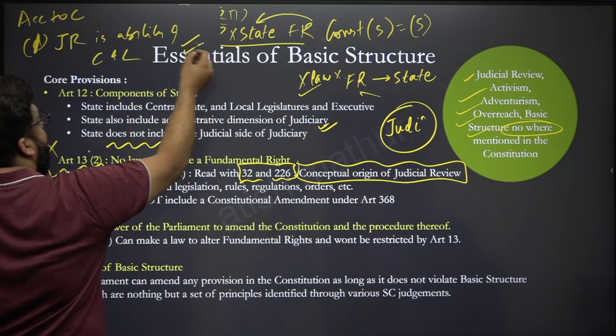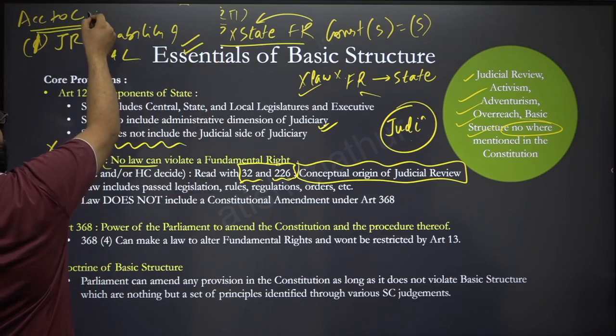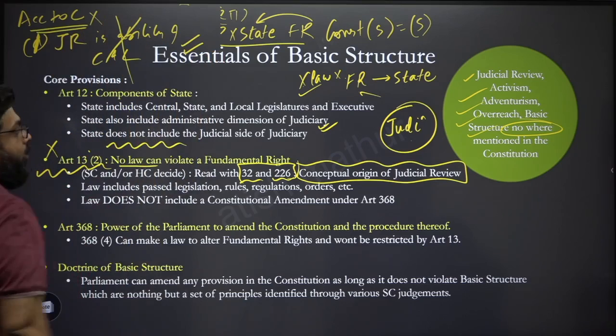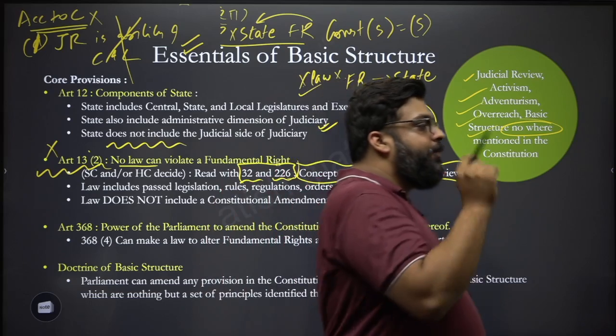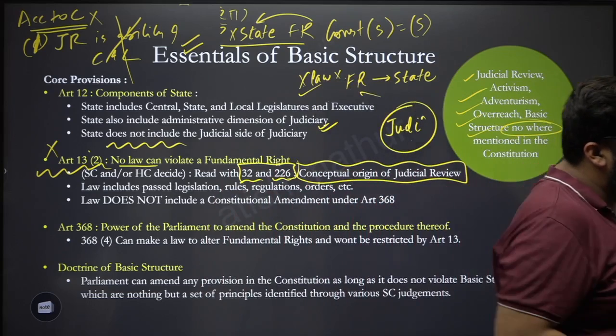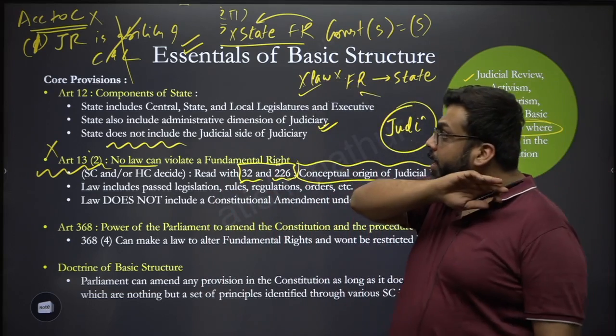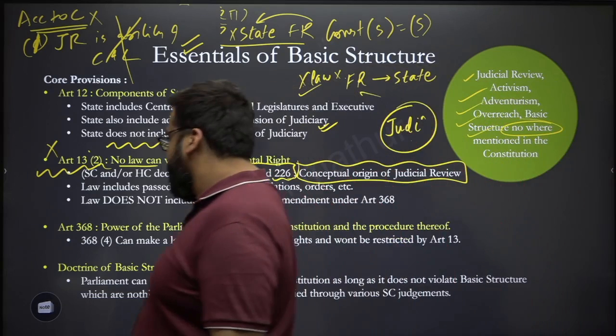This is correct, but it is nowhere in the Constitution, so this option is actually wrong. Remember this. Judicial review, activism, adventurism, overreach, basic structure, none of this is mentioned in the Constitution.